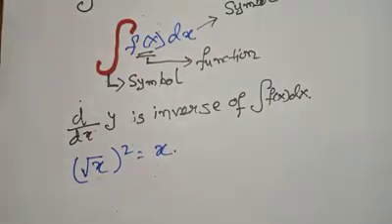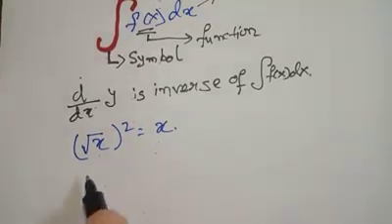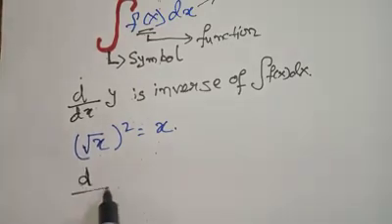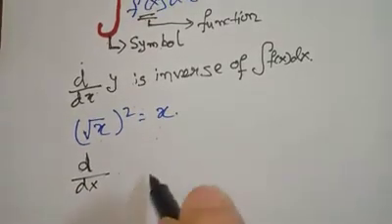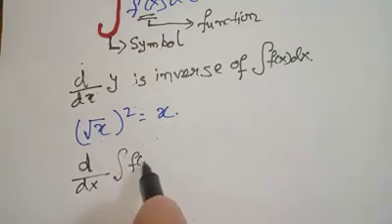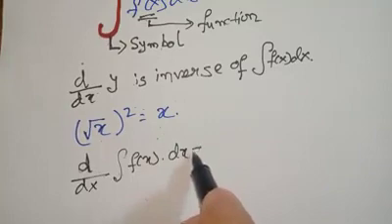That means whatever you are doing in differentiation, you are getting exactly the opposite. So you get essentially the same thing. Let me give you an example. If I write d by dx, and I differentiate and integrate f of x dx, what would be the result?